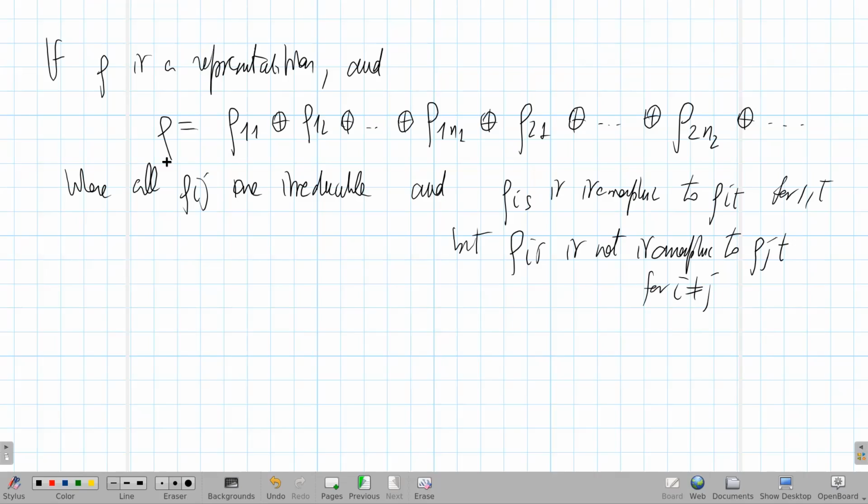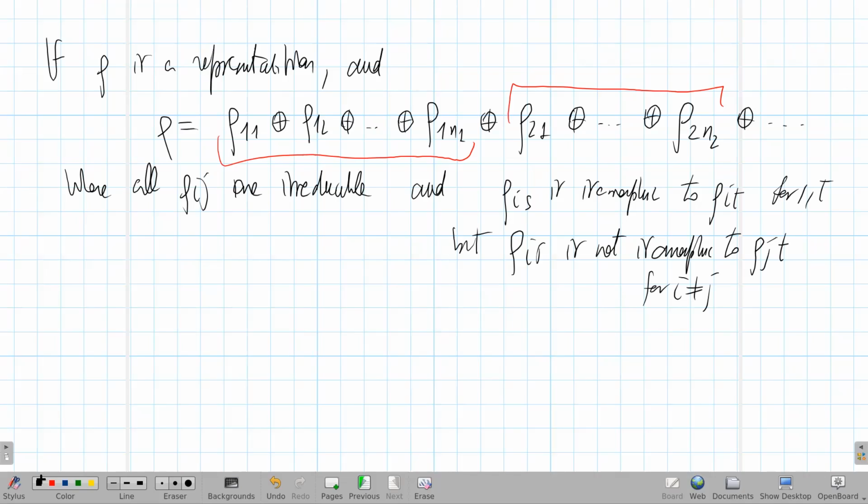So I have written rho as a direct sum of irreducible representations in which all these are isomorphic, and so on, but none of these is isomorphic to any of these. So I have grouped together all the isomorphic representations here.